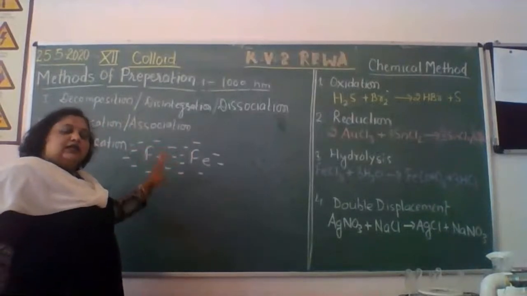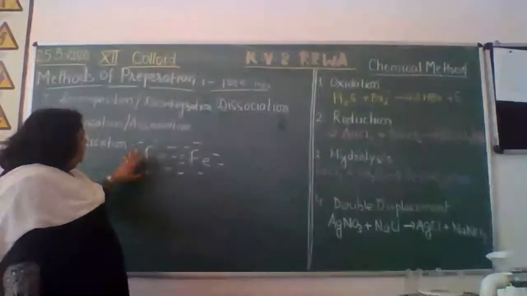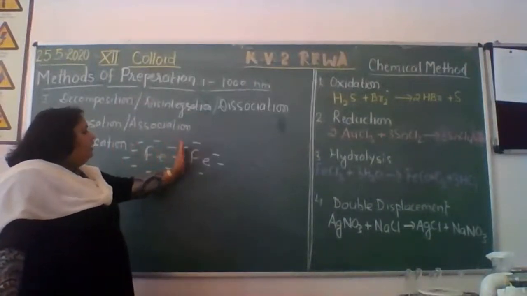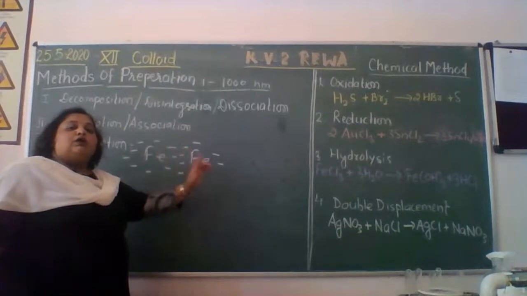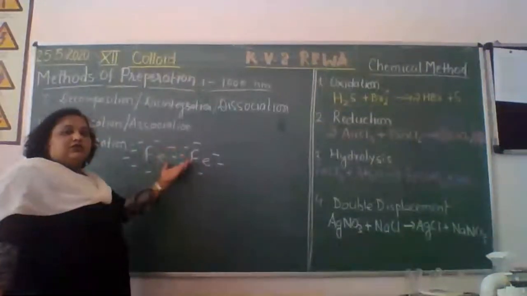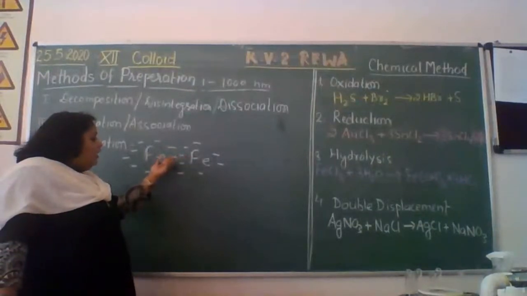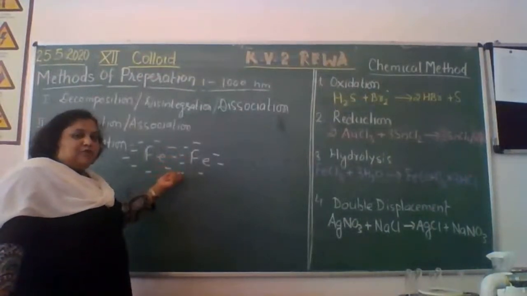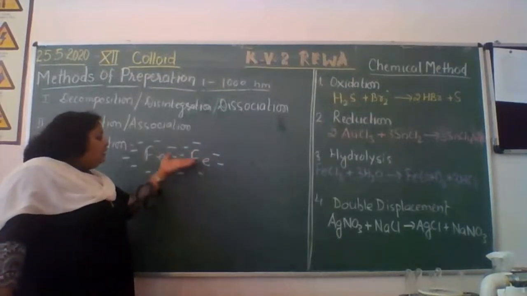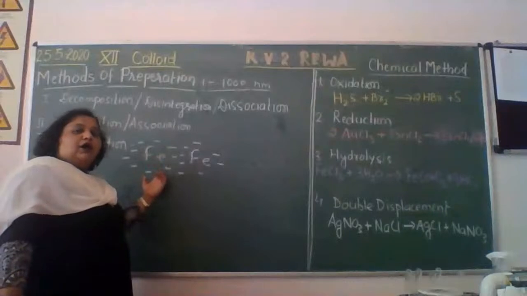That's why I said it depends upon the nature. In this case it will form a negative layer here, and two negative particles will not come into contact with each other, they will repel each other, and that's why association will not take place. The particles will remain far away from each other, and the particle size will be smaller now.